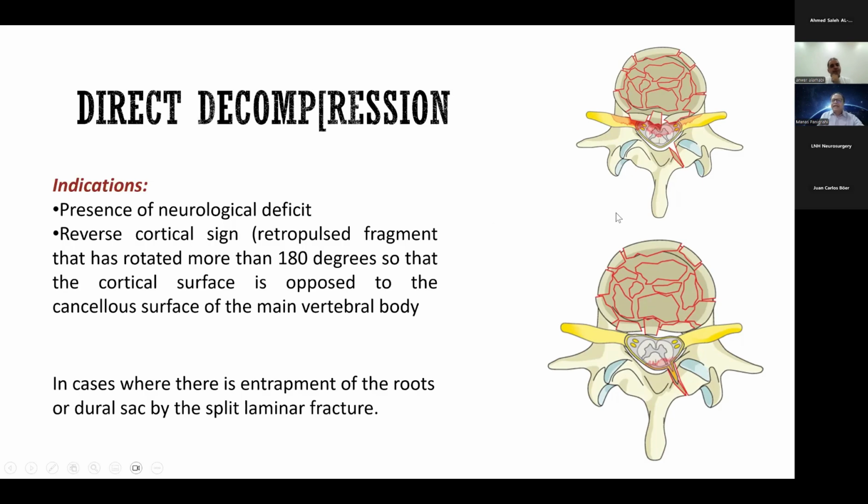And whenever the fragment of the bone in a burst fracture has 180 degrees rotation, as you can see here, the bone is reversed 180 degrees. In these cases, there are small pieces of bone, and the posterior ligament is not intact, one has to do a direct decompression of this kind of fracture.